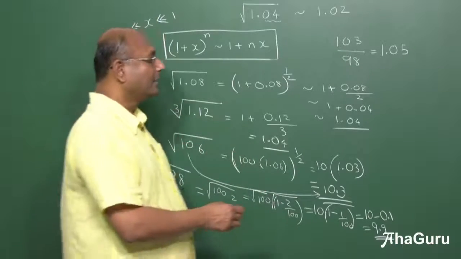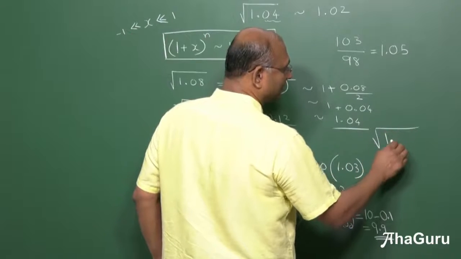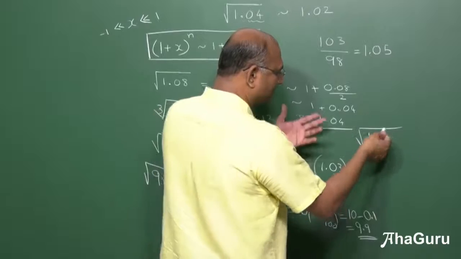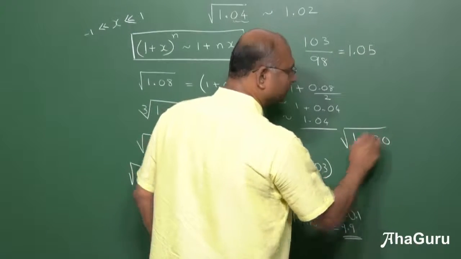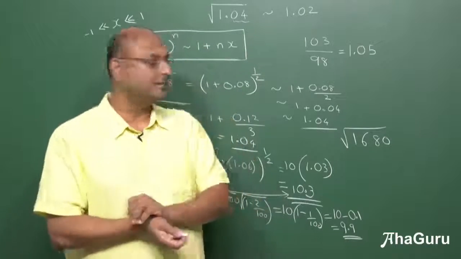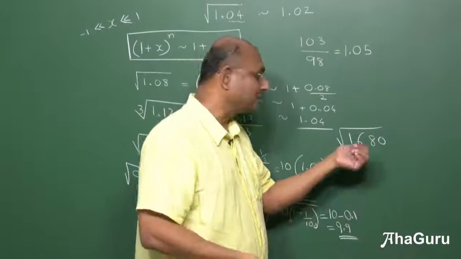So for example, let us try to find what happens when I'm trying to do root of 1680. How do I find root of 1680? Now, what is the closest square root you know? 1600.